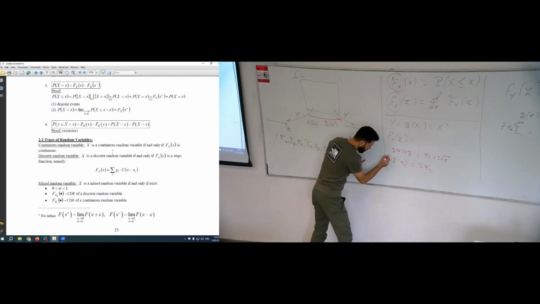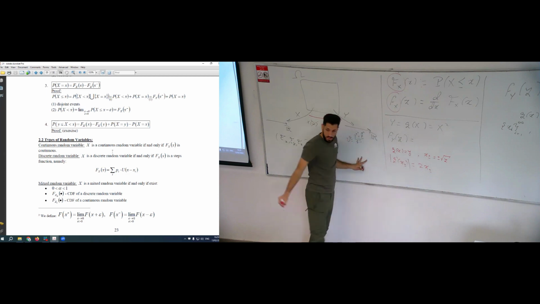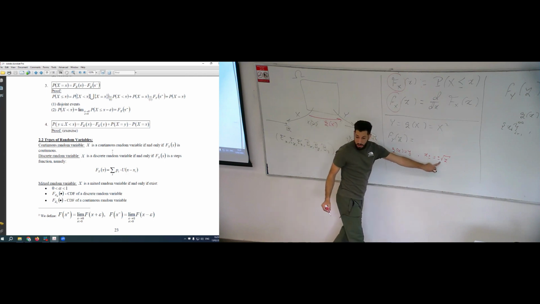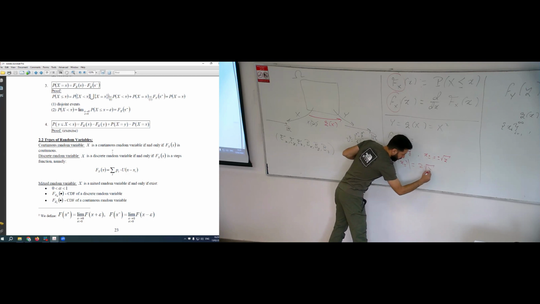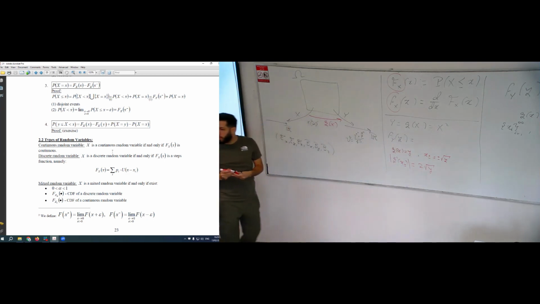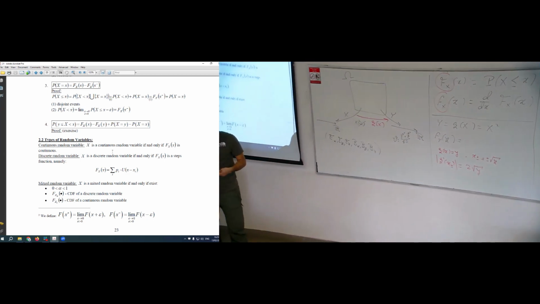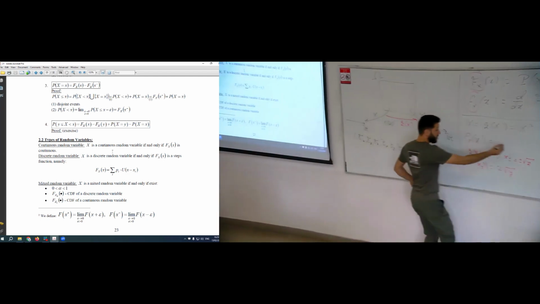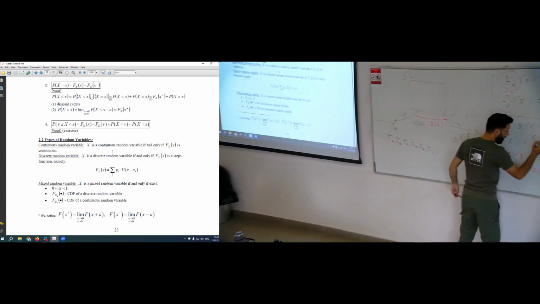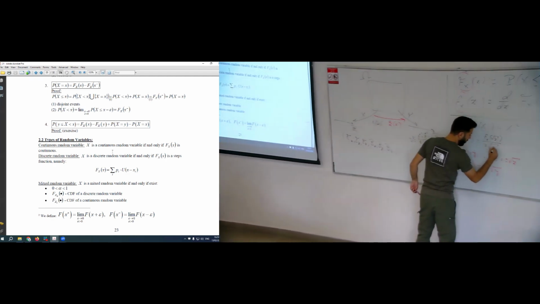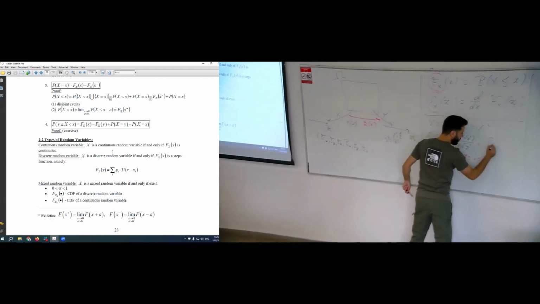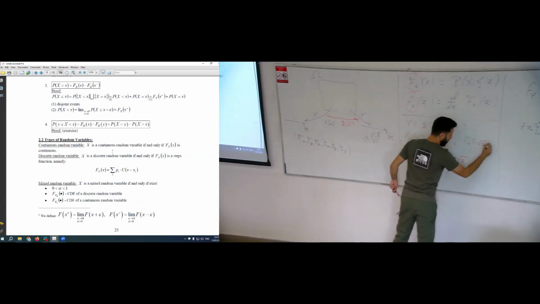It's the absolute value of this. So for both of them, the answer is 2 square root of y. And therefore, the answer here is f of x at the first one divided by that, plus f of x at the second one divided by that.